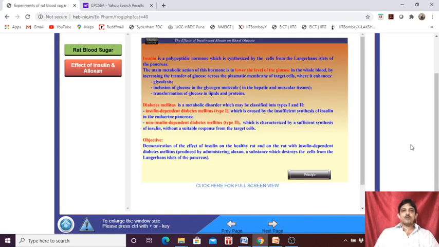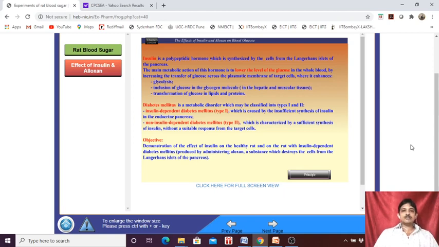First we need to understand a few things. Insulin. What is insulin? We know that insulin is a polypeptide hormone which is synthesized by the islets of Langerhans of the pancreas. Which cell? Of course, the beta cell. The main metabolic action of this hormone is controlling the blood glucose level.